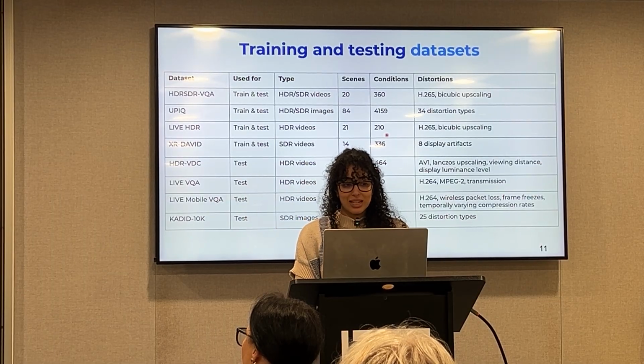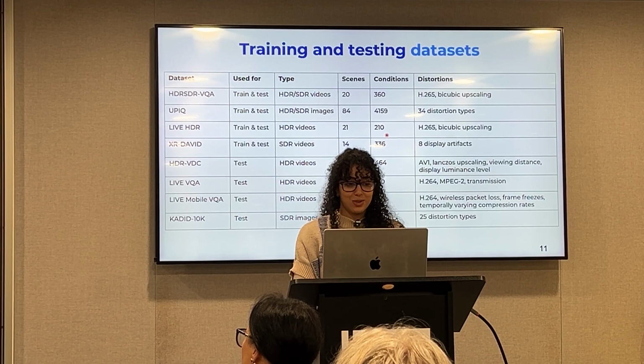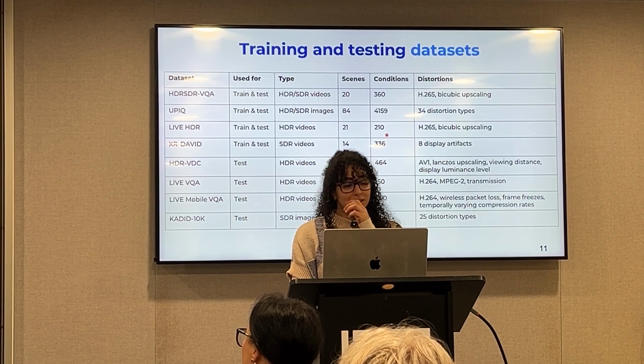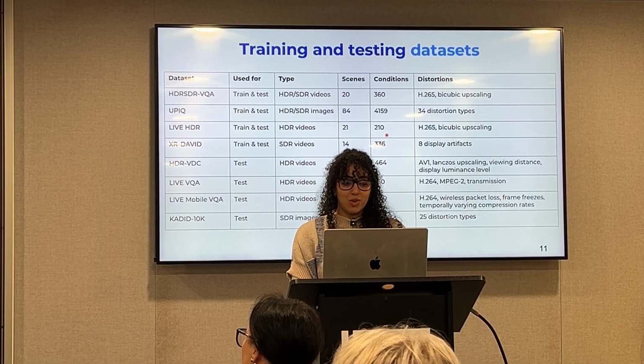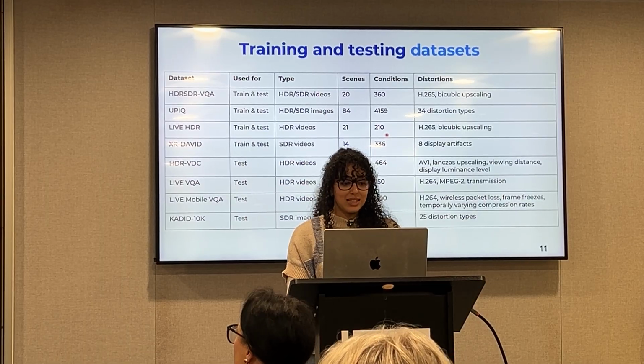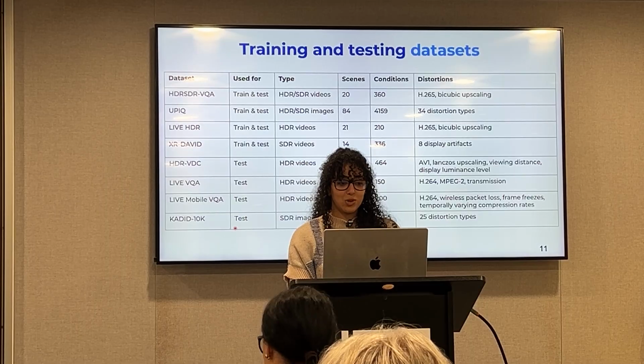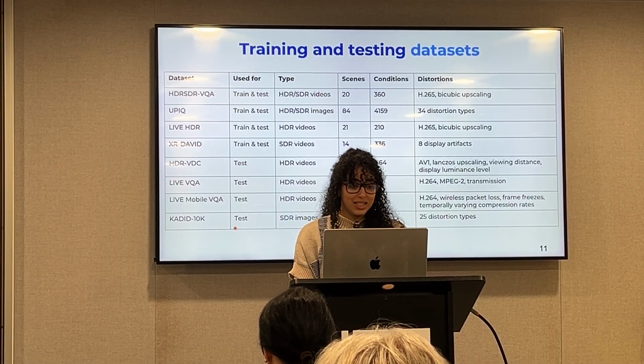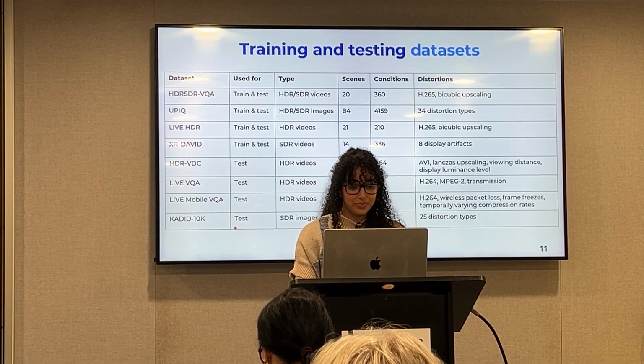And we also tested on the test part of each of the training datasets, but also on other datasets like HDR-VDC, Lab VQA, Lab Mobile, and CADID. Besides HDR-VDC, the others have MOS scores, and HDR-VDC has JOD scores.